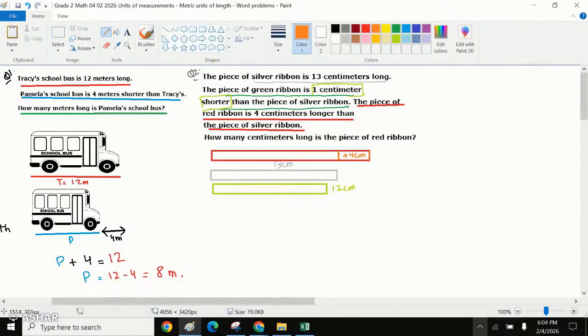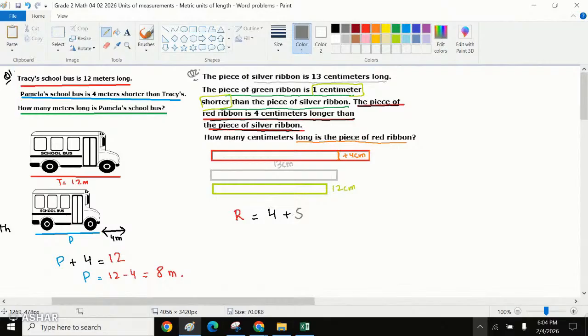We need the red ribbon, right? We need to find the red ribbon. It says the piece of red ribbon is 4 centimeters longer than the piece of silver ribbon, right? So we can say 4 plus the silver.